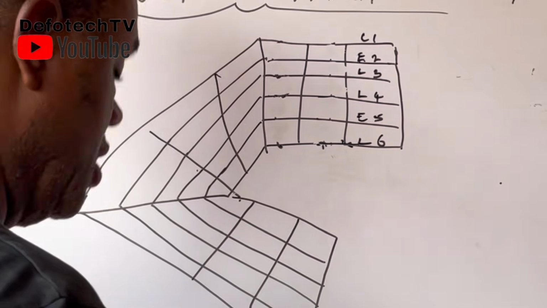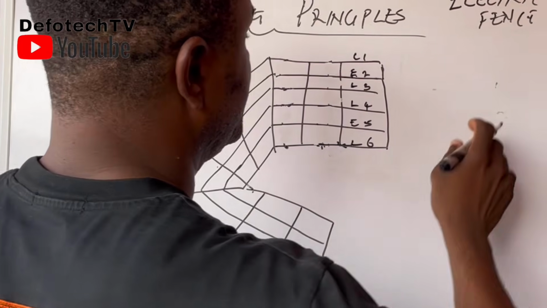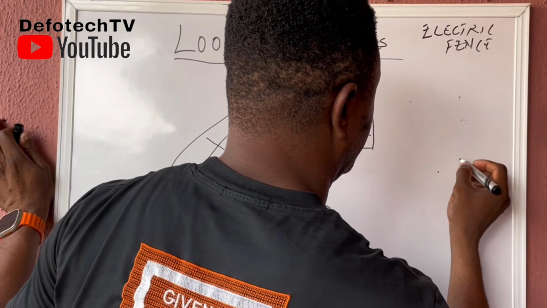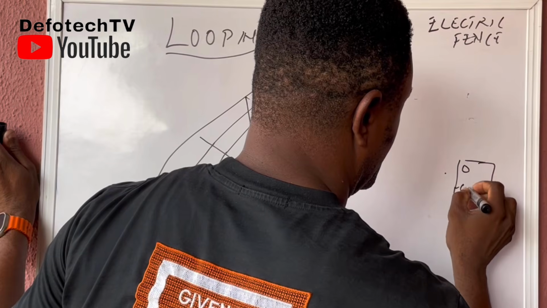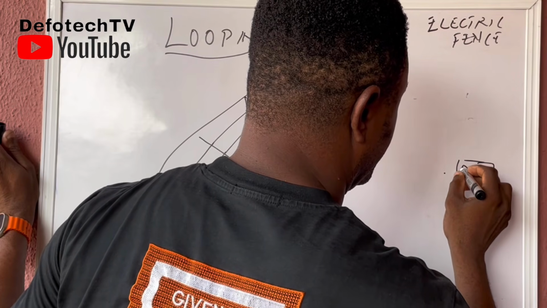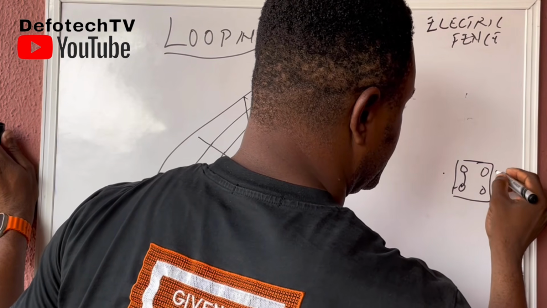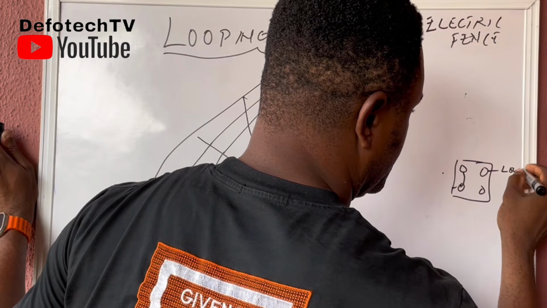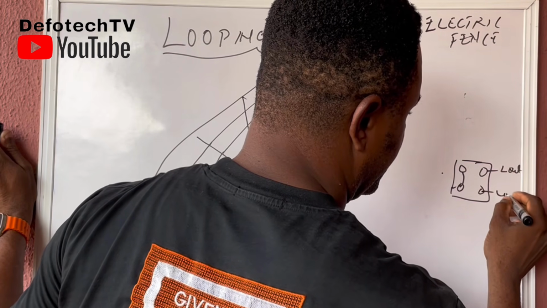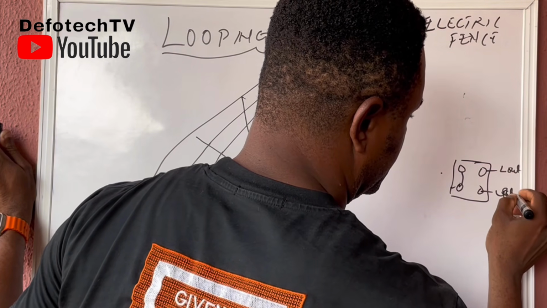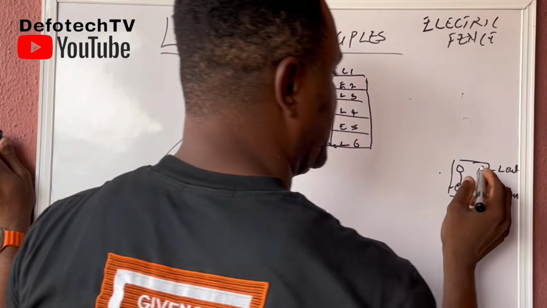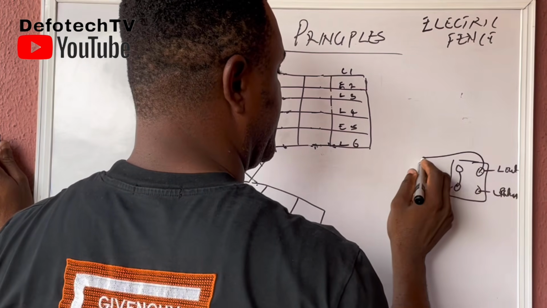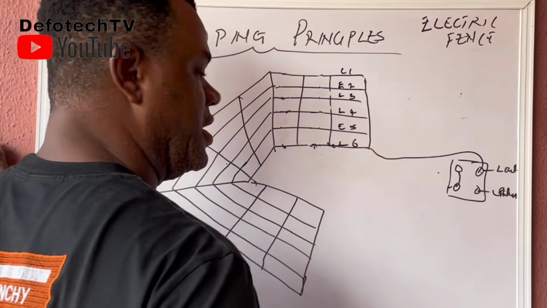All right. So let's assume our energizer is here. You always have the earth here. This is the loop. This is the live out, and the live return. So let's assume our cable 1 comes from here to this energizer.